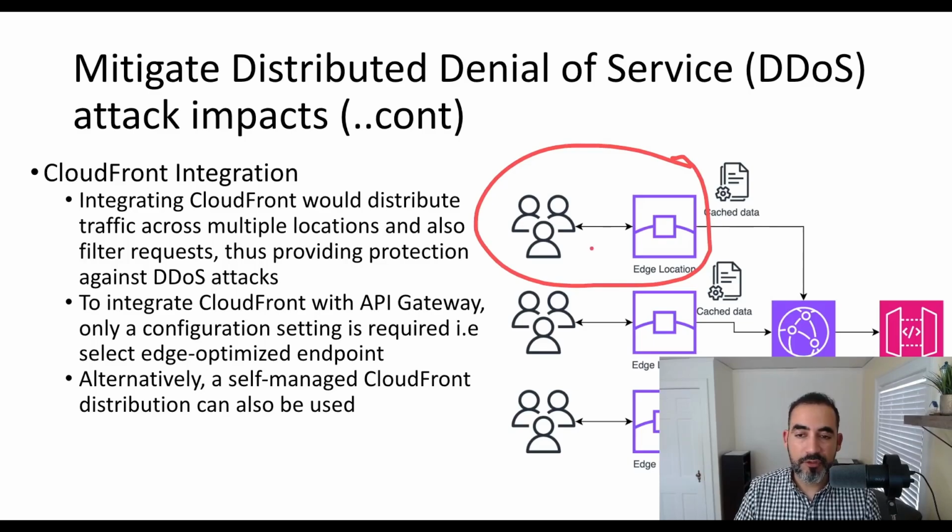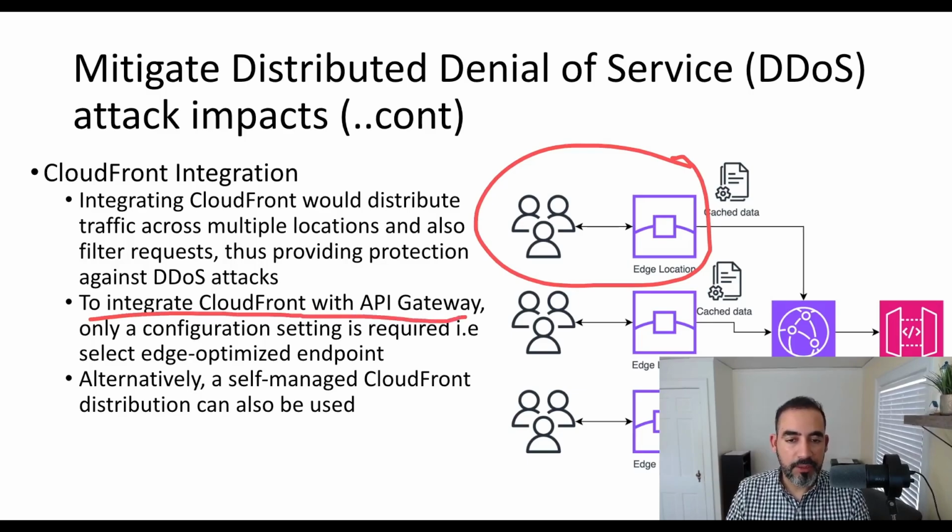It is just being served from the edge location. As far as integrating CloudFront to API gateway is concerned, it is very easy. It's just a configuration option. You just select edge-based endpoint and Amazon is going to use CloudFront. It would not be visible to you, but the content would be served from one of Amazon's CloudFront distributions. You can also use a custom CloudFront distribution with an API gateway. Obviously, that would require provisioning a CloudFront distribution and managing it.